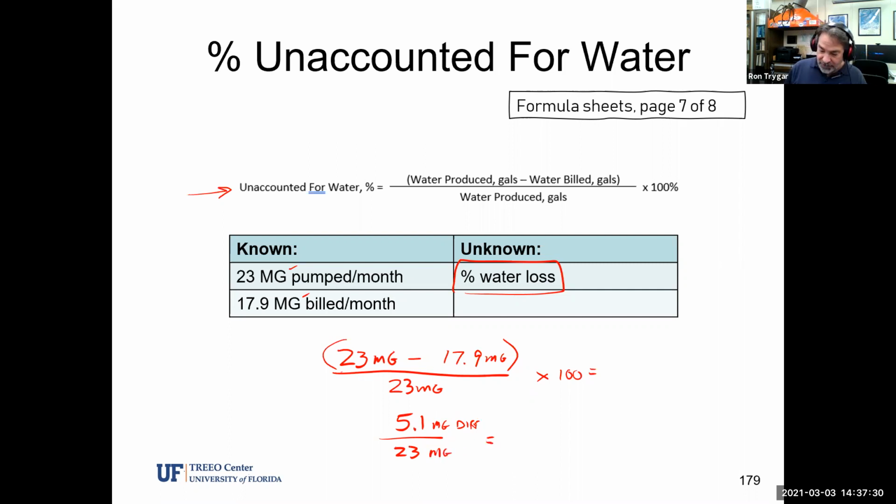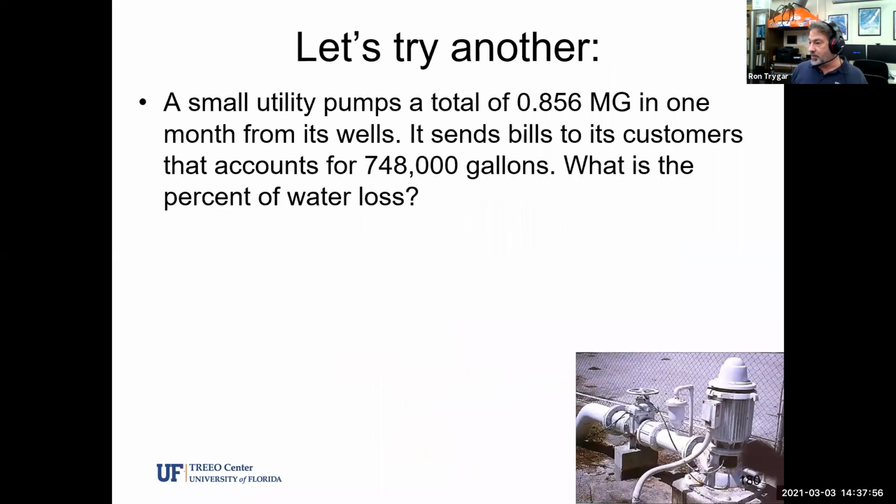So 5.1 divided by 23 gives me 0.2217, and we multiply this by 100, the decimal point moves over to 22.17, or 22.2% unaccounted for water.